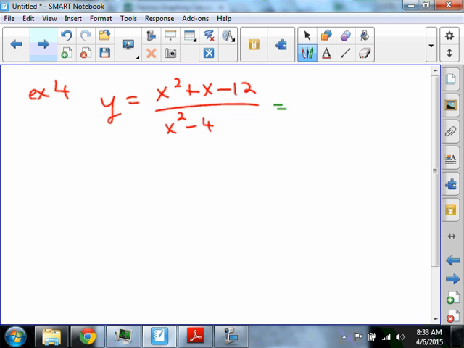So let's try to factor the numerator. What's it factor into? x plus 4, x minus 3, right? What about the denominator? Is it going to be an x plus 4 again? How about an x plus 2 and an x minus 2? So it's not.